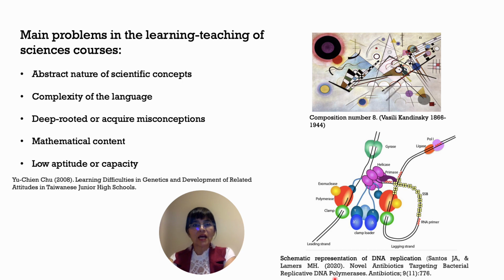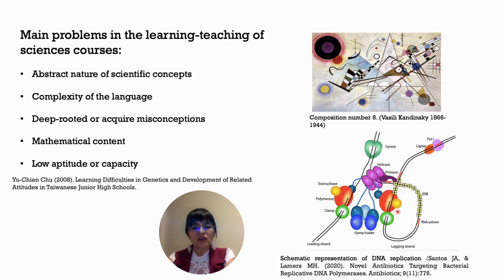For example, DNA replication is a complex process to understand the first time. We don't know exactly what the students might imagine, and we would like them to have the imagination of an abstract painter. For this reason, the student is given representative diagrams to help them understand the process. This is the DNA replication in bacteria.